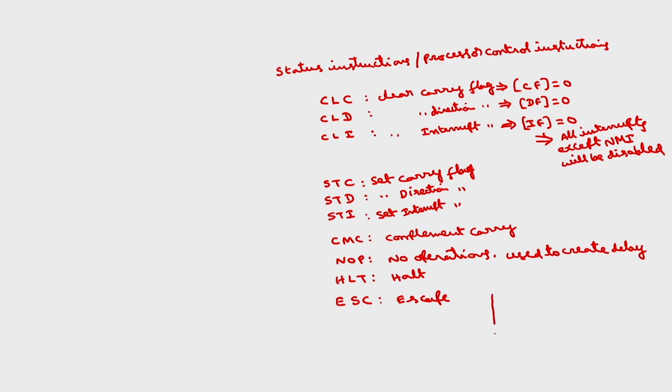So there is an 8086 microprocessor. 8086 will be connected to a coprocessor, 8087, also called the math processor. It performs various mathematical operations.